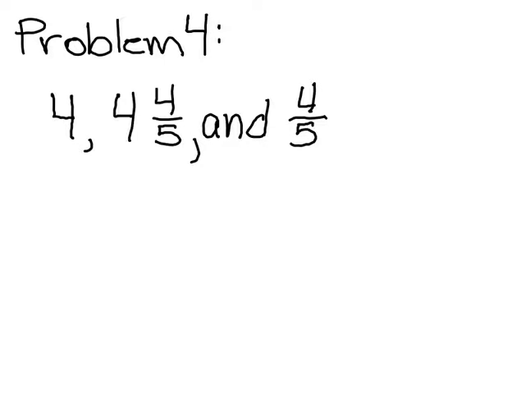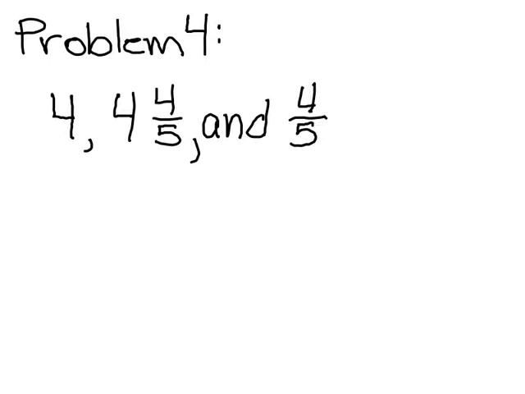One of the problems in your problem set is going to ask you to show a relationship between 3 different numbers. In this case, we have 4, 4 and 4/5, and 4/5. And what we want to do is create a problem using these. Again, you should have your whiteboard out, and we're going to create two problems with this.